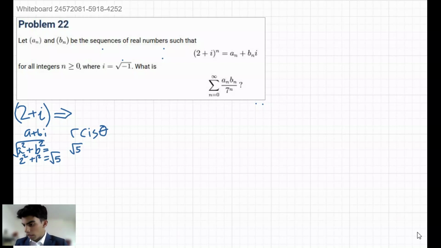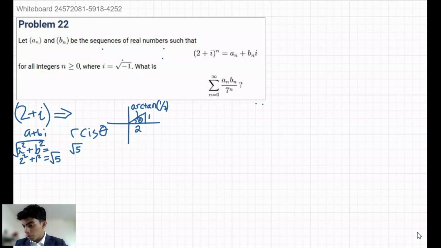Now we can find out the angle by just sketching a diagram, and we can see that this would be 2 across and this would be 1 up. And so we could say this angle theta is equal to the arc tan of 1/2, since the opposite side to the angle is going to be 1 and the adjacent side is 2.